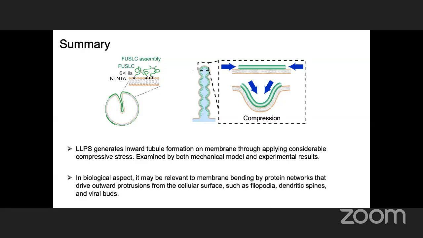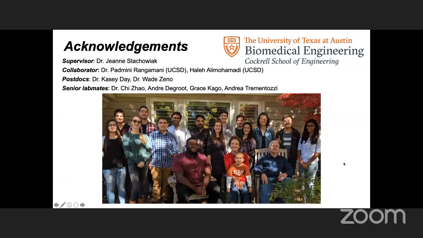This mechanism may be relevant to membrane bending by protein networks that drives outward protrusions from the cellular surface, such as filopodia, dendritic spines, and verubuds. This requires further research. That's all. Thanks for your attention.